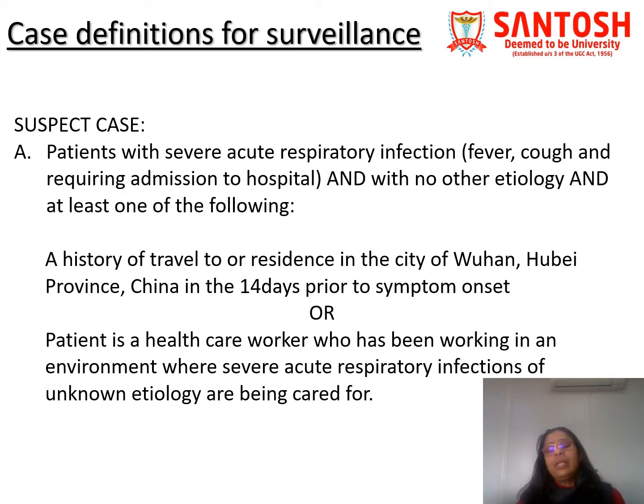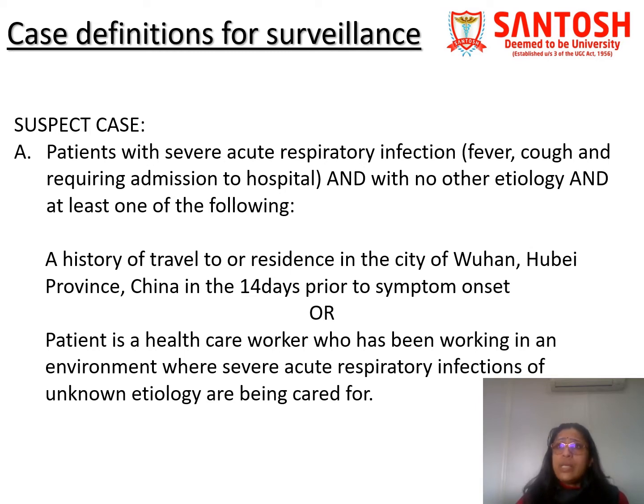But later on, another component was added, which could be a history of travel to or residence in a city of outbreak of COVID-19. Or the patient is a healthcare worker who has been working in an environment where severe acute respiratory infections of unknown etiology are being cared for.